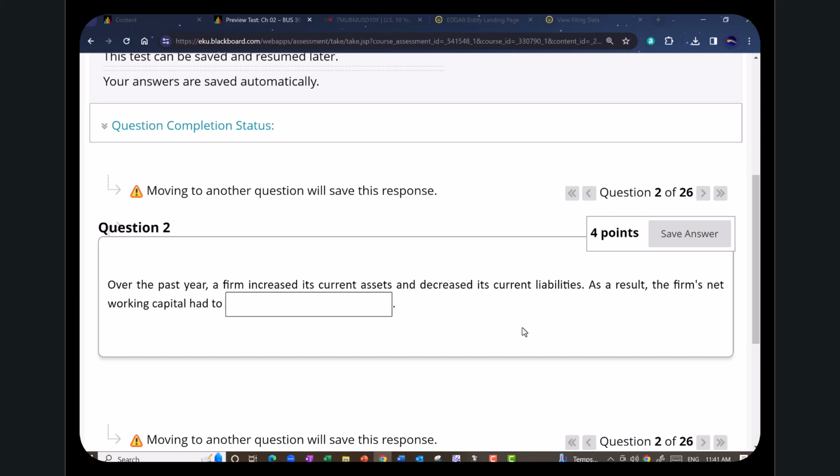What's the definition of net working capital? Current assets minus current liabilities. So change operator is a linear operator. So change in net working capital is change in current assets minus change in current liabilities. Given all of that, what do you think your answer is? Increase, because current assets have increased and something that is negative has decreased. So you know for sure it had to have increased.